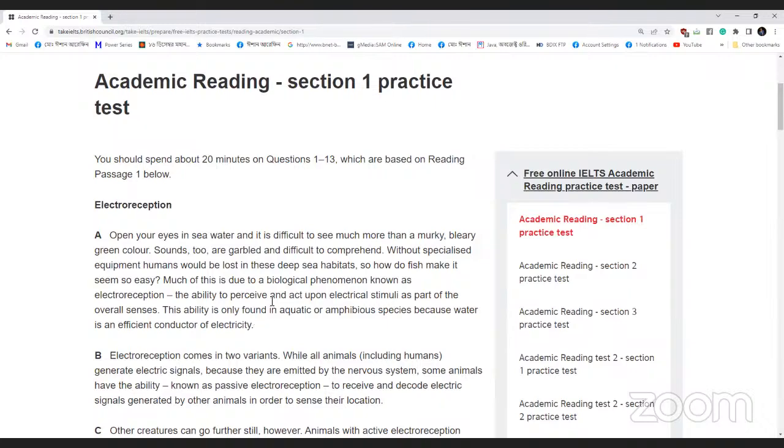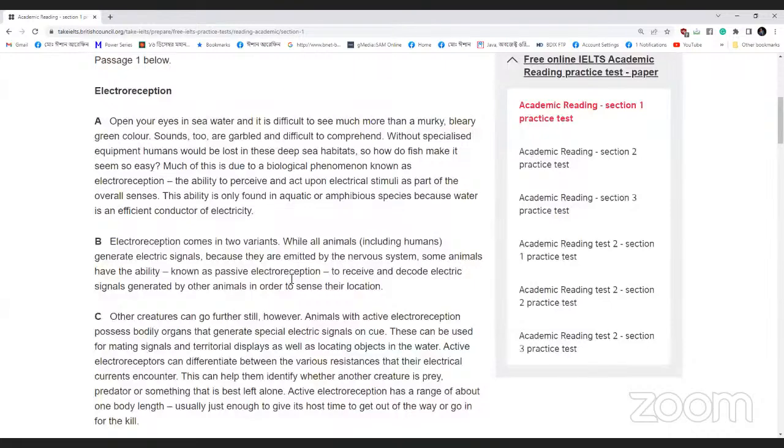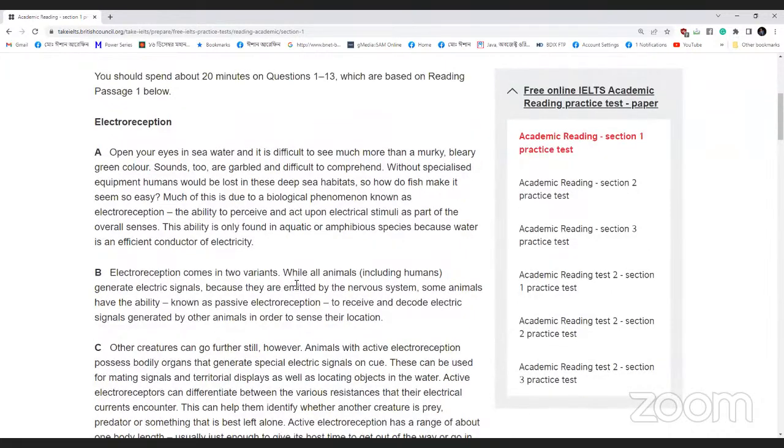As you can see here, we have some paragraphs, and hopefully they are starting with topic sentences as well. For skimming through, the first thing is to read the topic sentence of each paragraph.